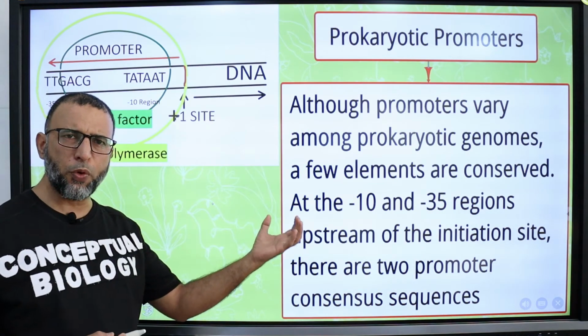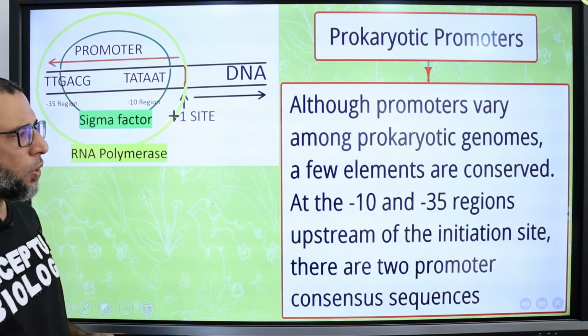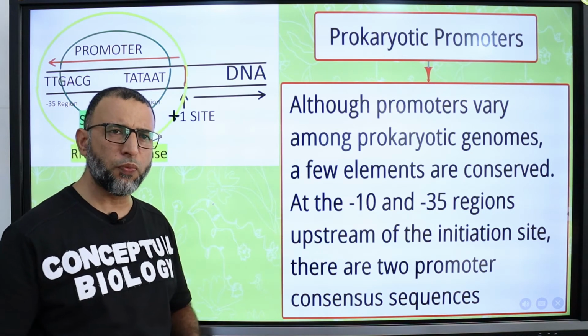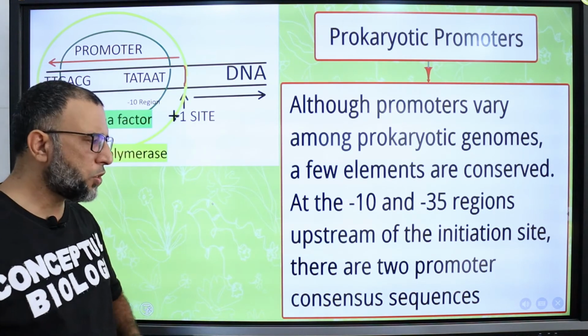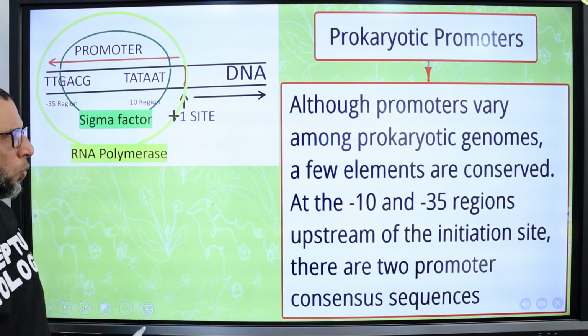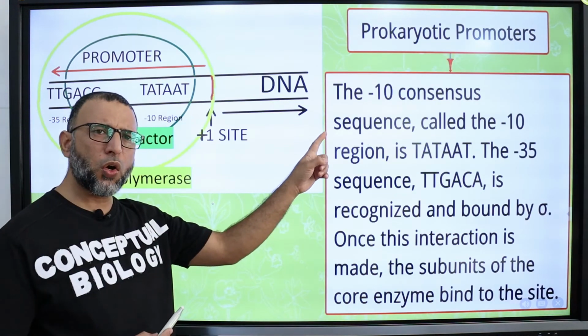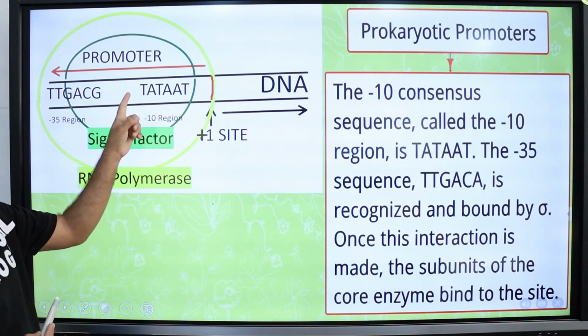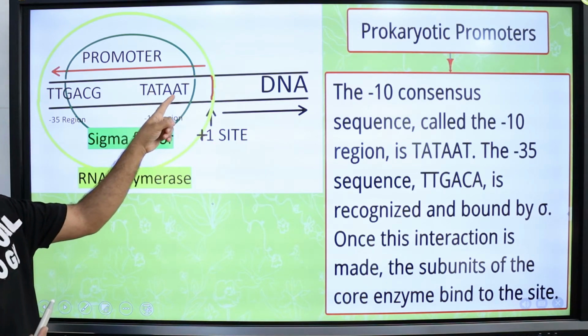Promoters vary among prokaryotic genomes, but a few elements are conserved, like the -10 and -35 regions upstream of the initiation site. There are 2 promoter consensus sequences. The -10 consensus sequence, called the -10 region, is TATAAT.